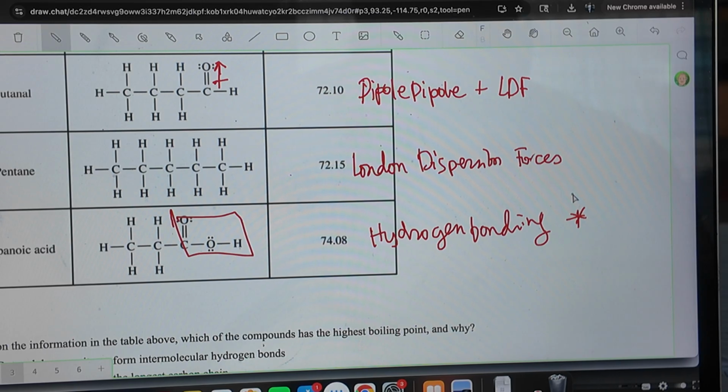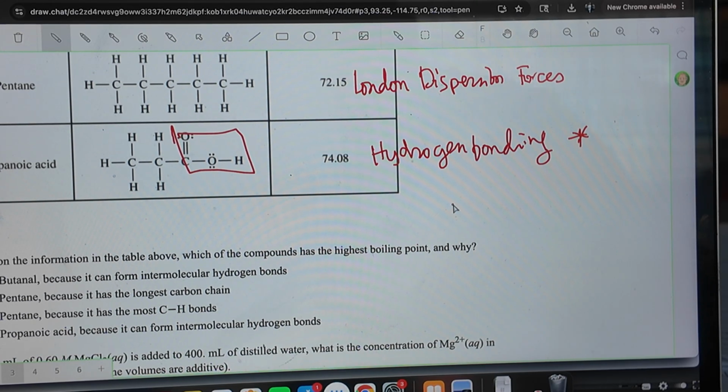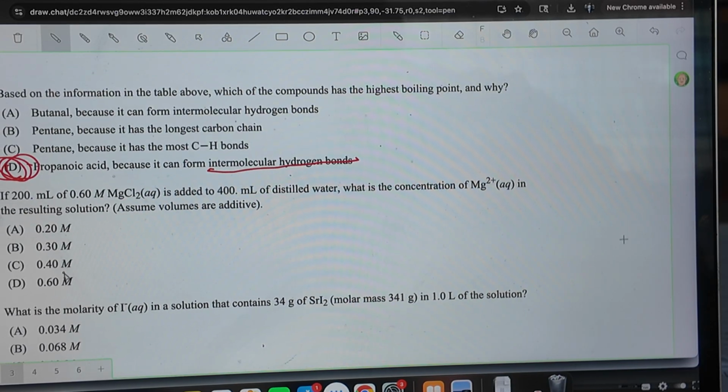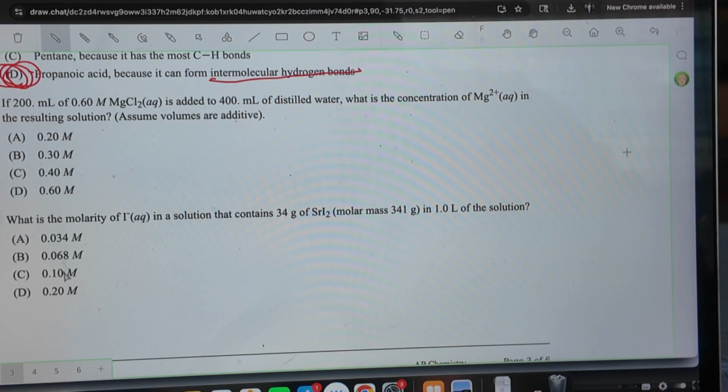The propanoic acid would be the hardest to break and separate, so it would need the highest temperature to boil. Let's see what the answer choices are. There's only one with propanoic acid, because it can form intermolecular hydrogen bonds. It's the strongest intermolecular force.